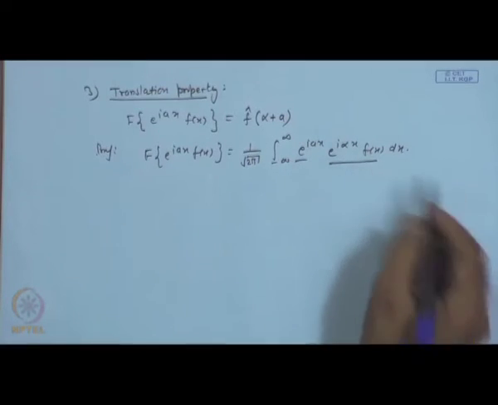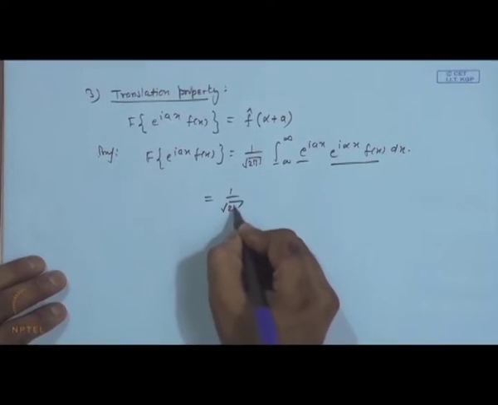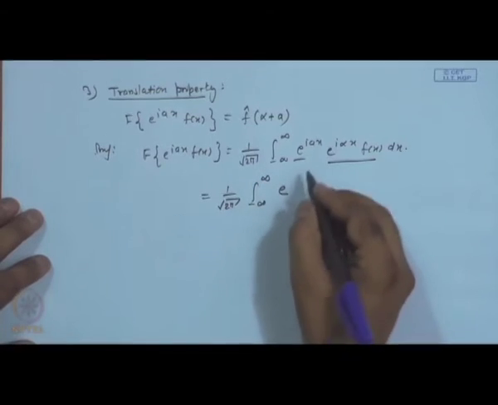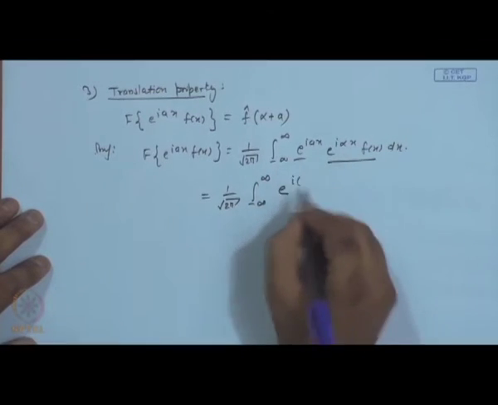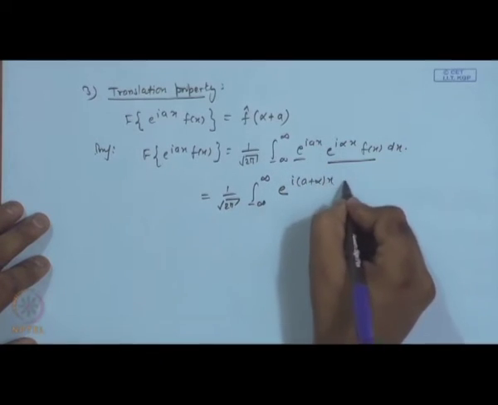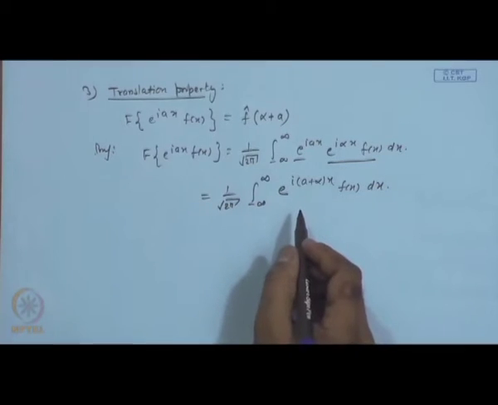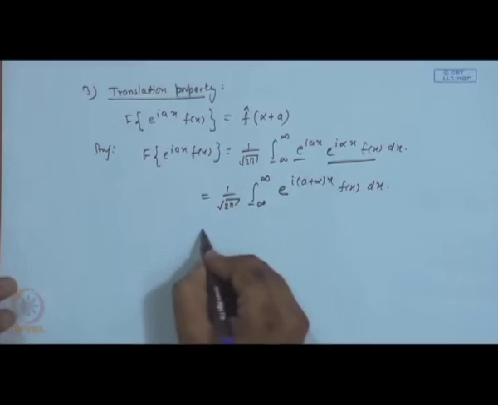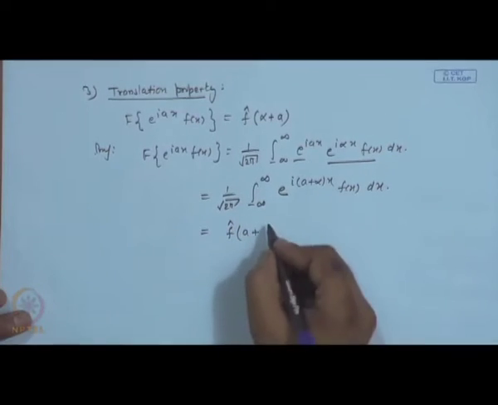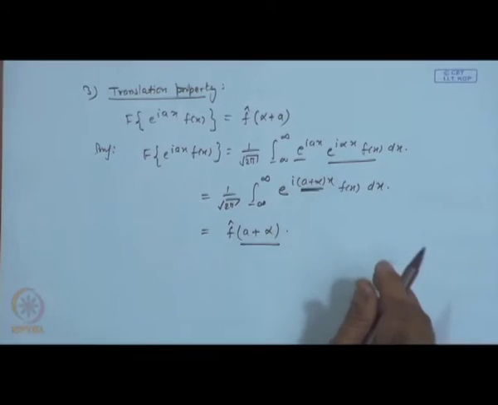Now we combine these two: we have e^{i(a+alpha)x} f(x) dx, and if you just see the definition of the Fourier transform, this is exactly f hat, where we replace alpha by a plus alpha here.